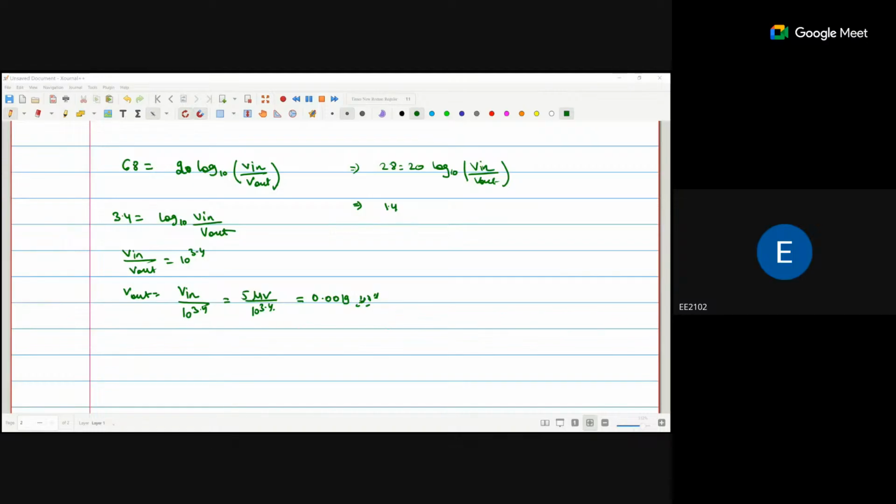We are getting 0.0018 millivolt, but it is asked in units of microvolt. If it is in millivolt, then the answer is also 0.0018 millivolt.